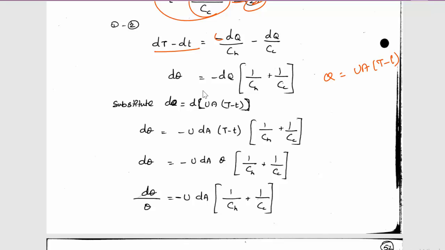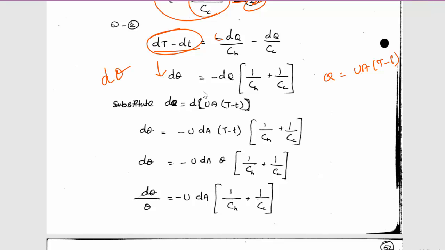The same formula I am going to rewrite here. So dq equal to minus U dA (T minus t) into 1 by ch plus 1 by cc. Similarly here the temperature difference between these two is taken as d theta.